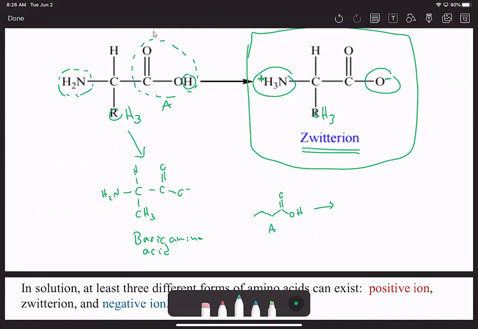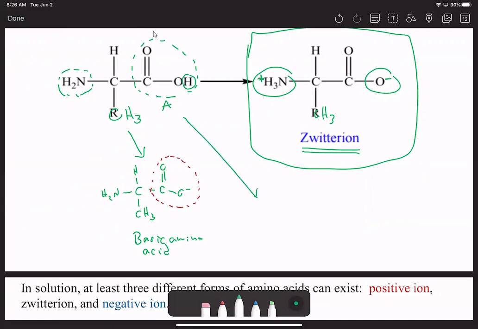If this is my acid, then this must be my conjugate base. We got carboxylic acid, and then we get a carboxylate. So this is my acid, and this is my base. And if we take a look at this structure here, it looks a lot like this. So this becomes just a basic amino acid if we only ionize the carboxylic acid portion of it.